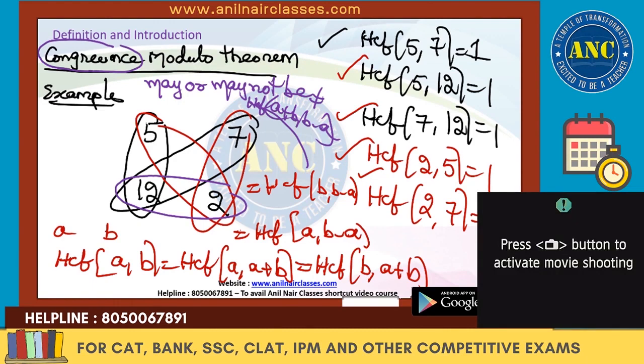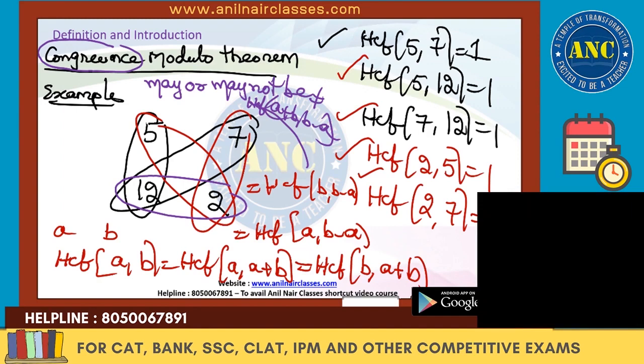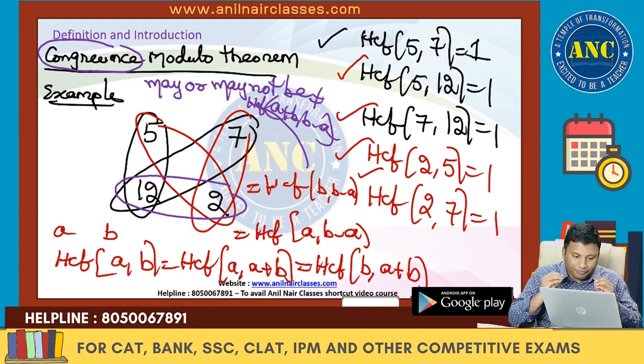I hope it is clear. But if you do addition and subtraction together, it may or may not be the same. Sometimes yes and sometimes no. I hope this point is extremely clear to you. See the heading, congruence modulo theorem.